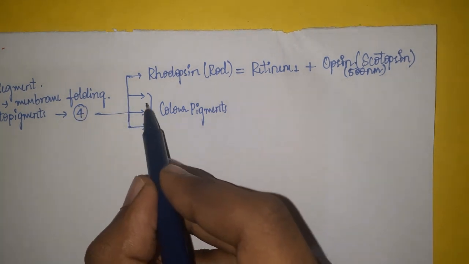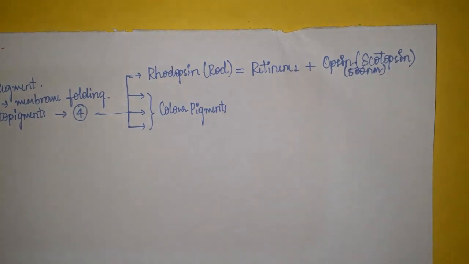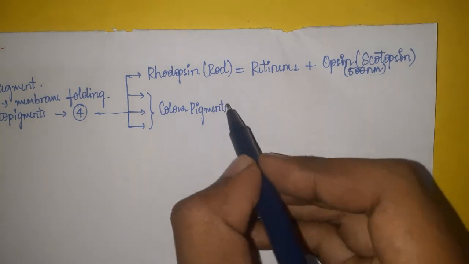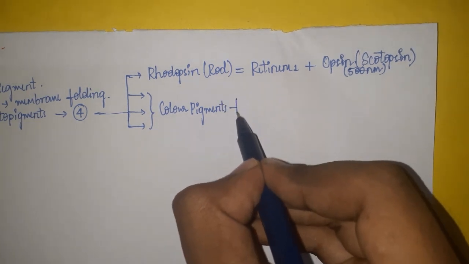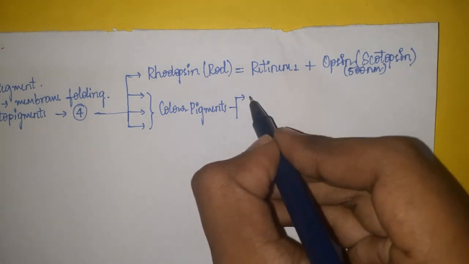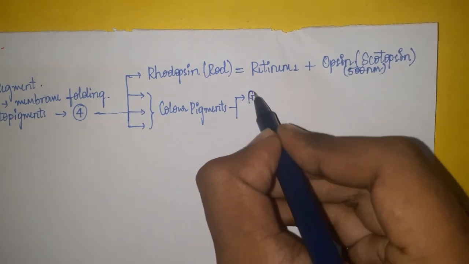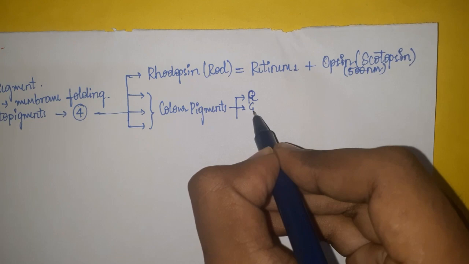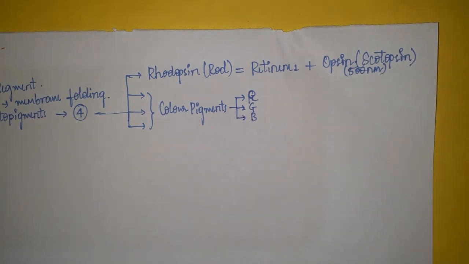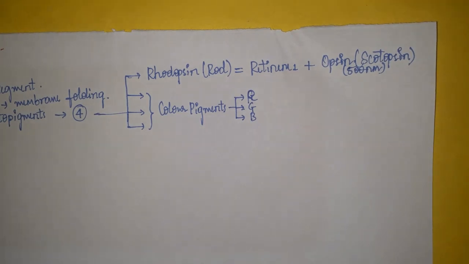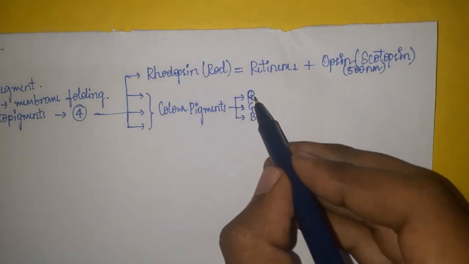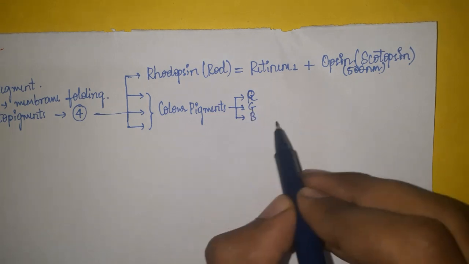All the pigments present in cones are called color pigments, and these are of three types: red, green, blue, RGB. These are the color pigments present in cones. Accordingly, the cones are called red cone, green cone, and blue cone.